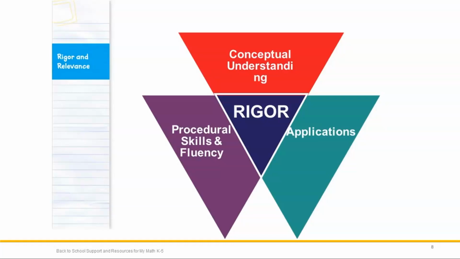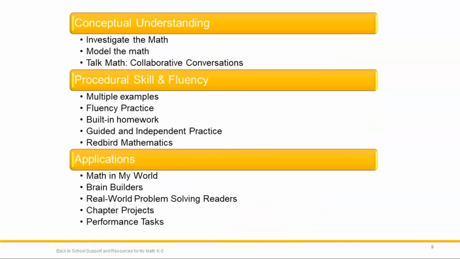So think about these three big components of rigor. And I want you to think, as we look at the MyMath materials, just how they do this for you. So in the conceptual understanding, I've pulled out how we do this in the pages that you'll see on the screen and that you'll use as you plan.